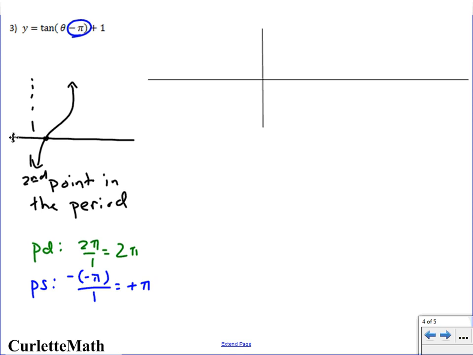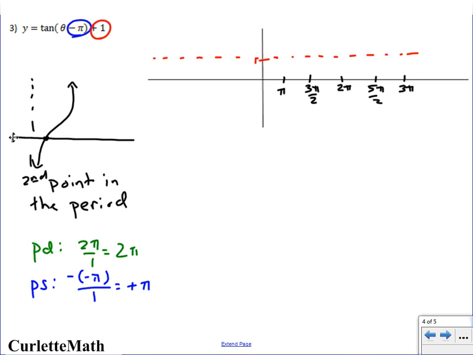So plotting my points here, I'm going to have pi, 3 pi over 2, 2 pi, 5 pi over 2, and 3 pi. Now I do have a vertical shift. I have a vertical shift up 1, so we're going to go up 1 and make our midline.